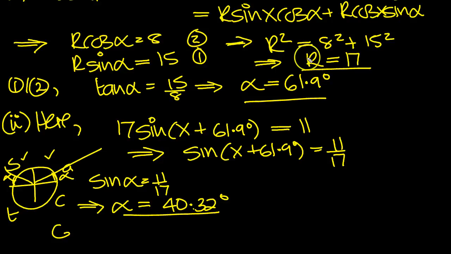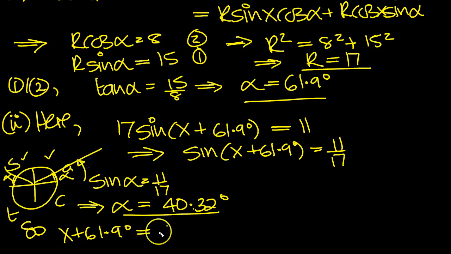So now we can read off x. But it's not x in this case, is it? The angle in question is this thing here. So x plus 61.9 degrees is equal to the first solution, 40.32, and the other solution is 180 back 40.32, which is 139.68.